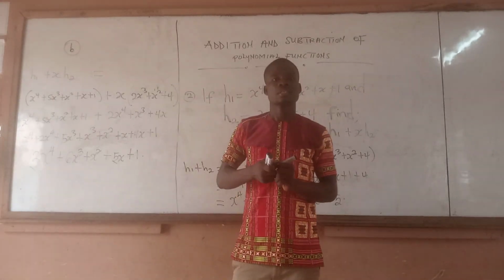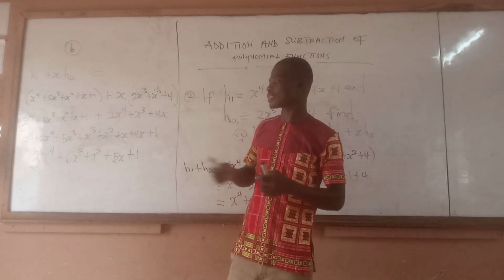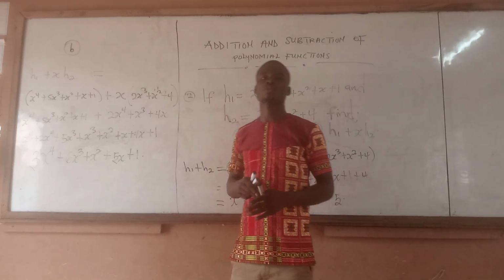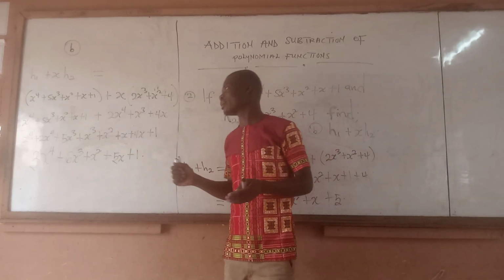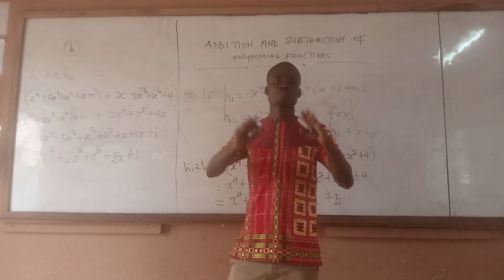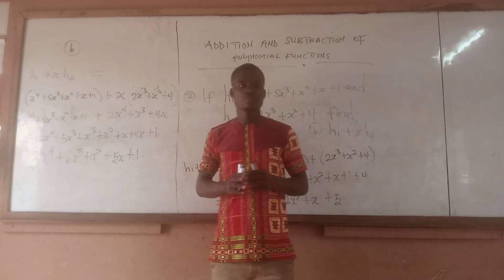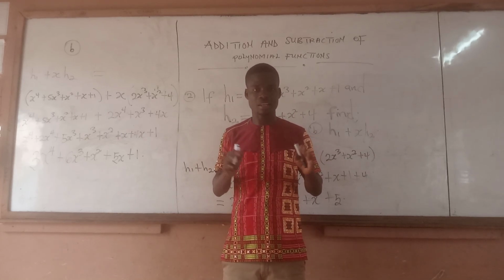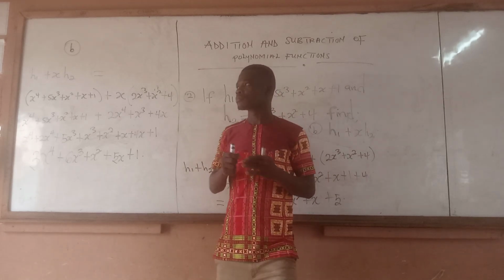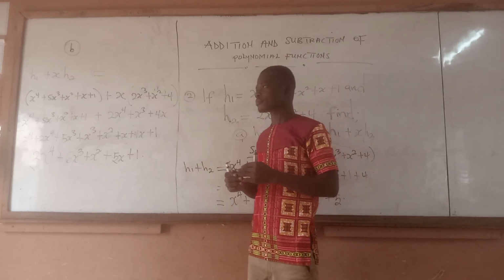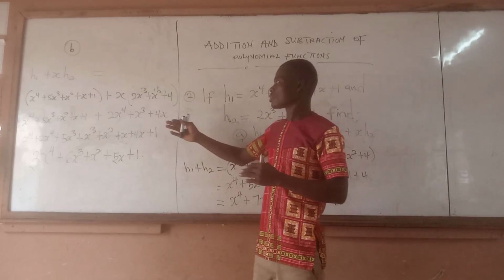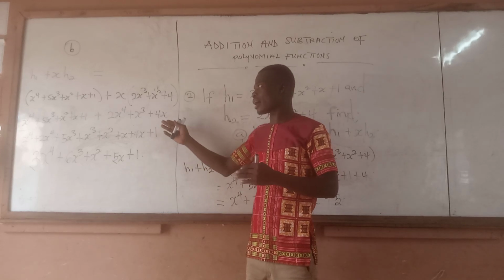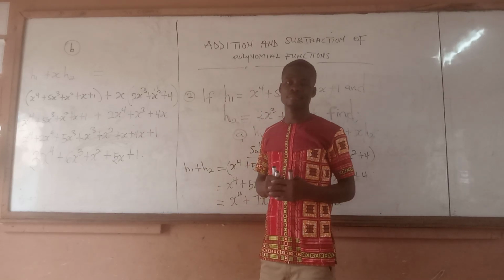So this is the final answer we are supposed to get. So anytime we get an example like this, don't be in a hurry. Take your time for yourself and solve it like the way we have all solved this one together.